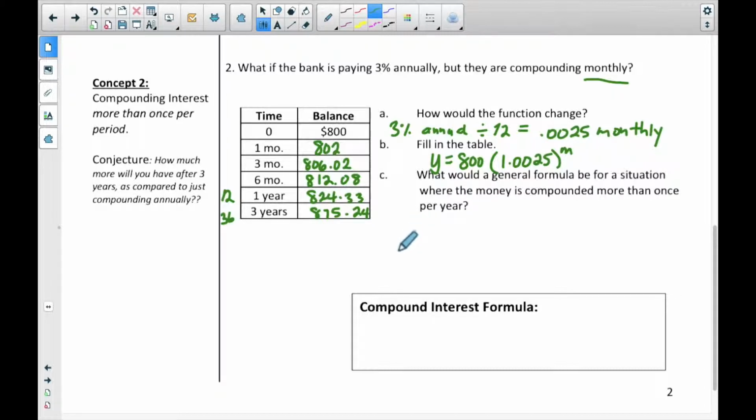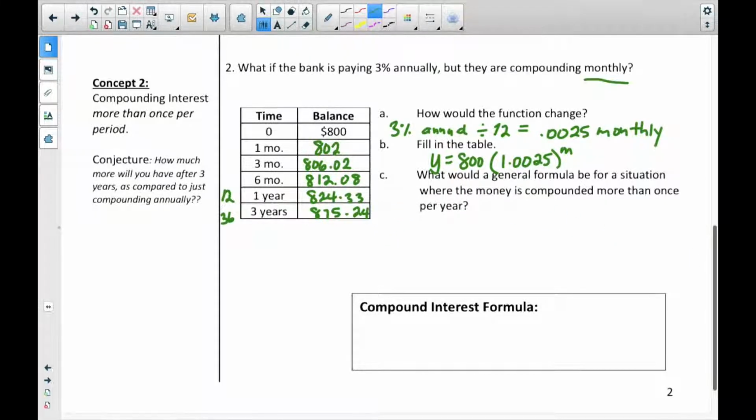Okay, so if you look at what we have, $802 after the first month. Remember, it's not getting that full 3%. It's only getting 0.0025. So 802 after the first month, 806.02, 812.08. After a year, 824.33, and after 3 years, $875.24.